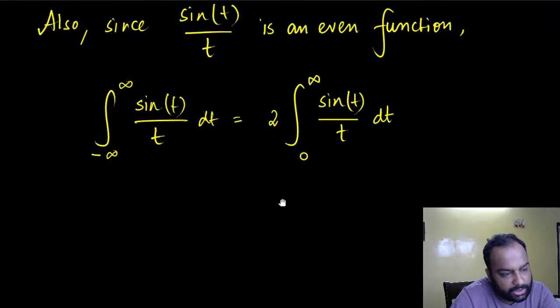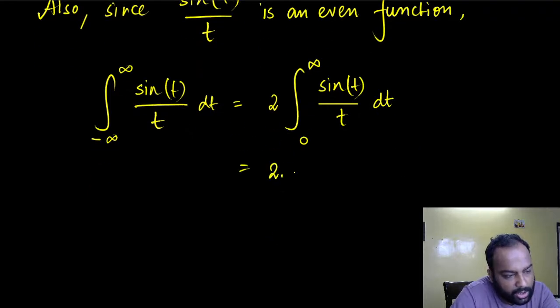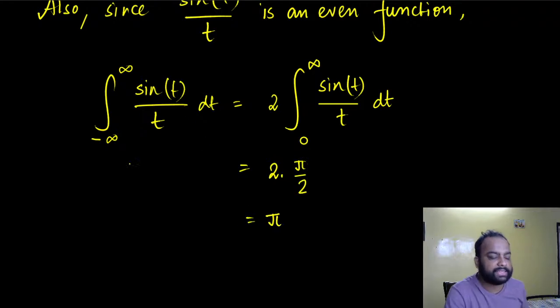And we know this to be pi by 2, so this is going to be 2 into pi by 2, that's equal to pi. And that is why this is called the unnormalized sinc function. The integral is pi.